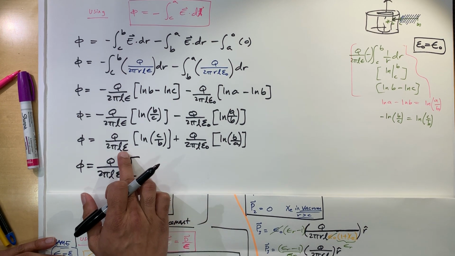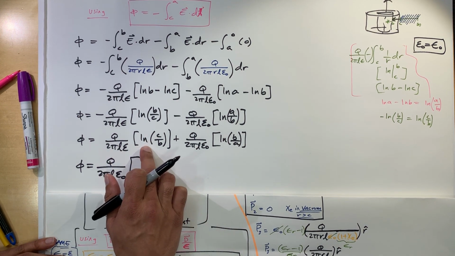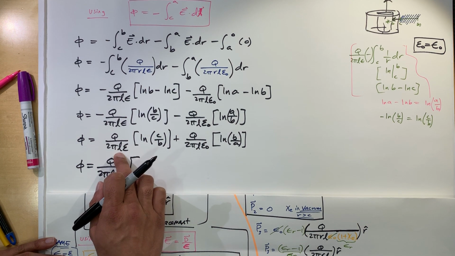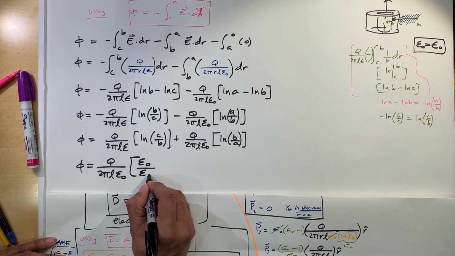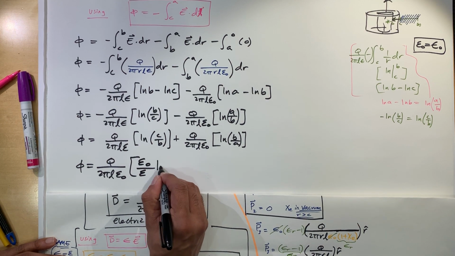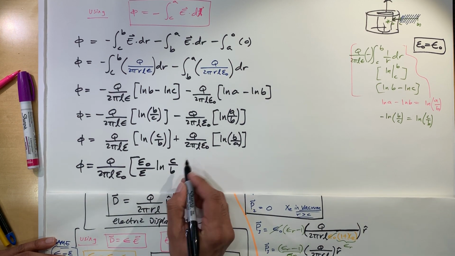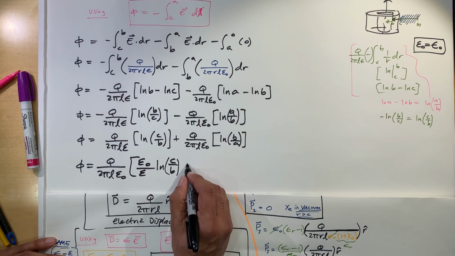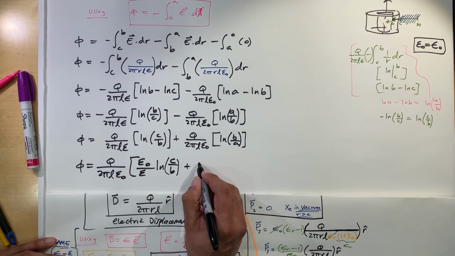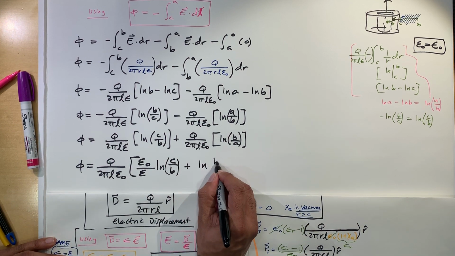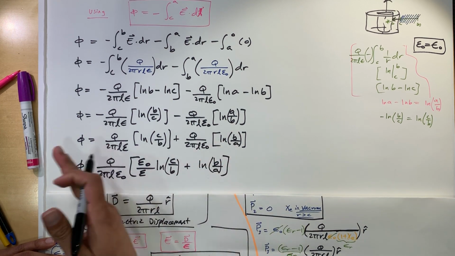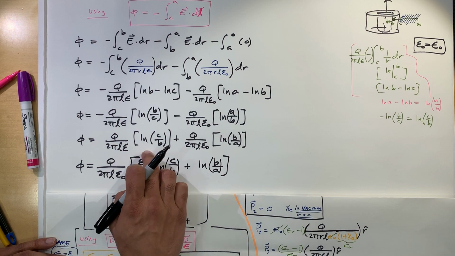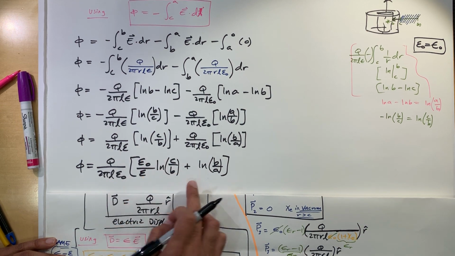This first term stays with the epsilon on the bottom, but it gains 1 on top. And we still have ln of c over b, and plus ln of b over a. So this one got rid of the epsilon naught. Over here, you gained 1 on the top, so it cancels out when you go in.